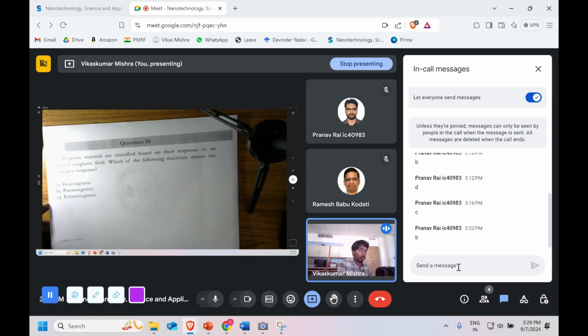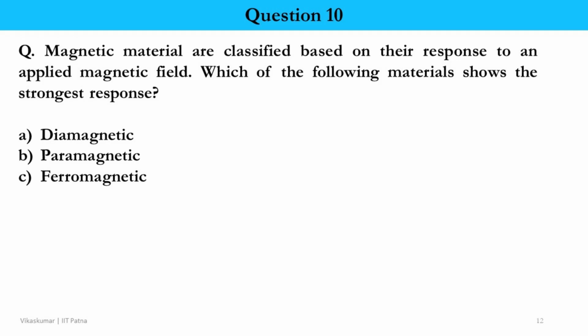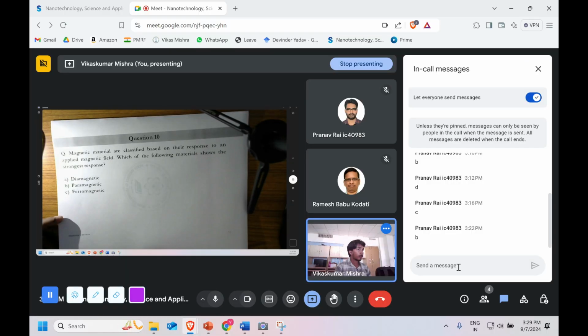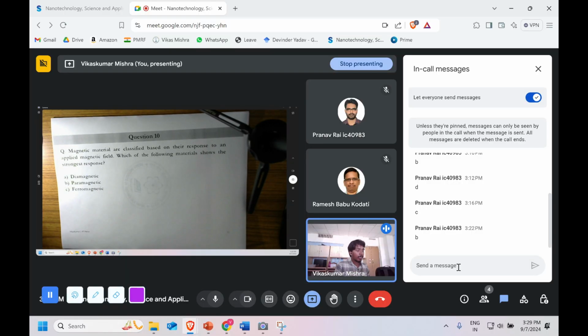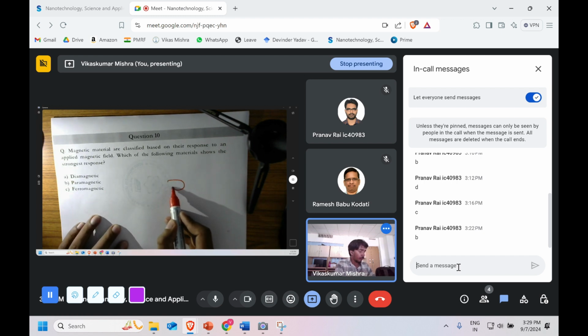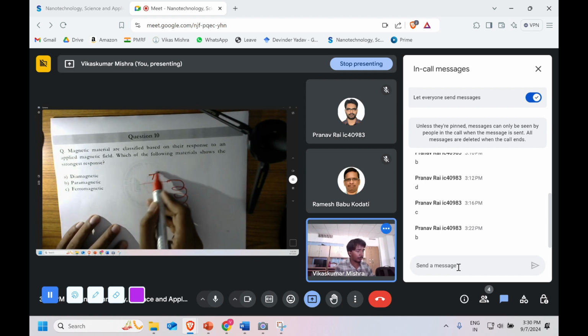Now, this question we all can answer together. Magnetic materials are classified based on their response to an applied magnetic field. Let's say I'm applying some magnetic field. I made one coil and I'm passing current through it.